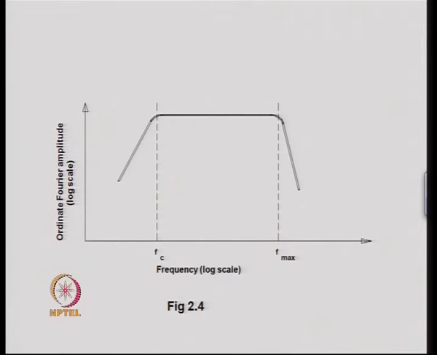So, this is the figure which illustrates the previous 3 points. In the middle region we have the maximum value, and this is bounded by two frequencies Fc and Fmax, and this Fc is found to be inversely proportional to the duration of the earthquake.